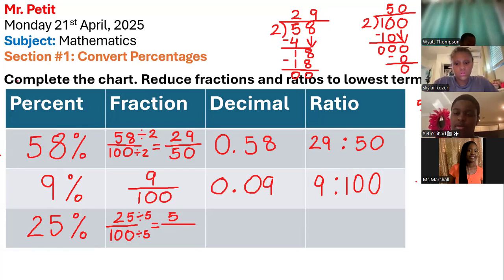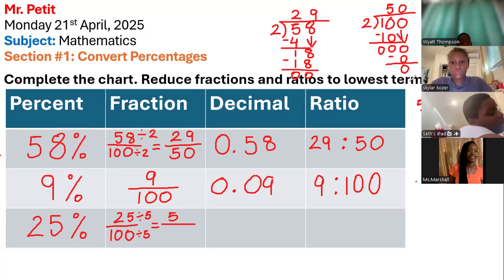Or what number times 5 gives you 10? Skylar said her mic isn't working in the chat. Oh, her mic is not working. Can you hear us?